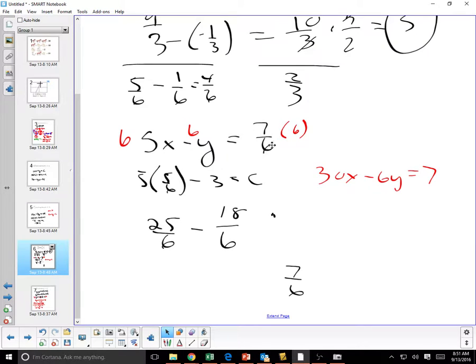Here we want to get rid of this fraction, so I multiply everything by 6. 6 times 5 makes 30. 6 times negative 1 makes negative 6. Look, right here, those make a 1, so 7 times 1 is 7. What's in front of y is actually a negative 1, which is what we were talking about a minute ago. So 6 times negative 1 is negative 6, and 6 times the 5 is your 30x.